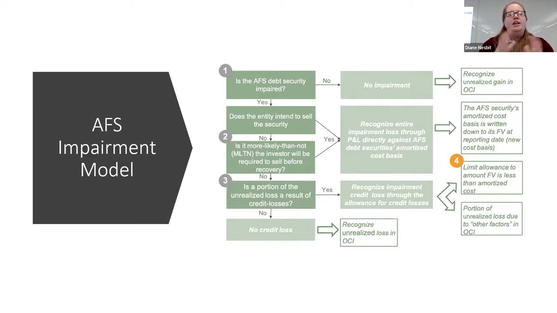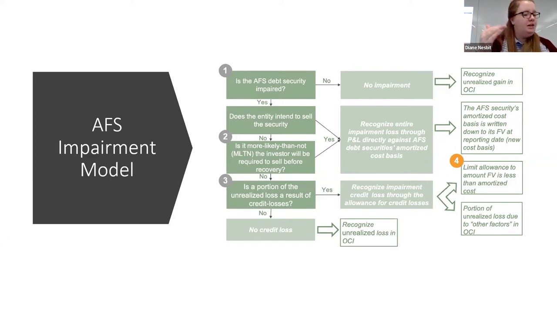But like I said, if it is impaired and you're likely going to have to liquidate it, you write it down. So let's say you're not going to have to sell it. It's just you think you're going to be able to hopefully recover some of that decrease. Then the next question, item 3, is we have to identify whether a portion of that is related to credit risk versus interest risk.